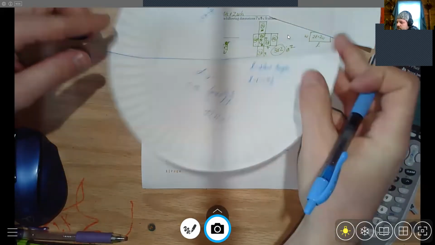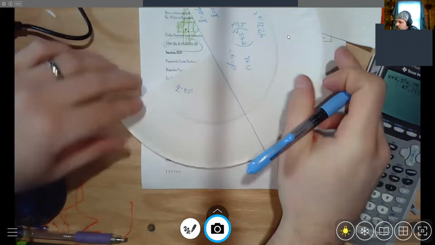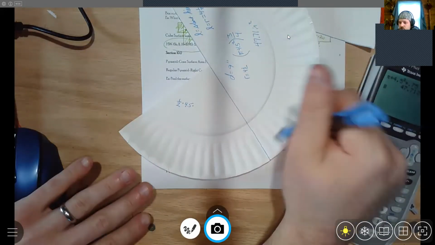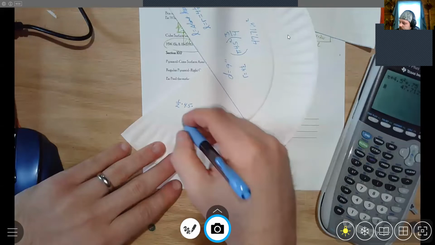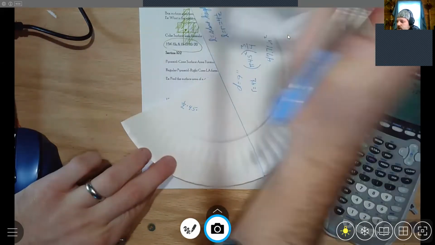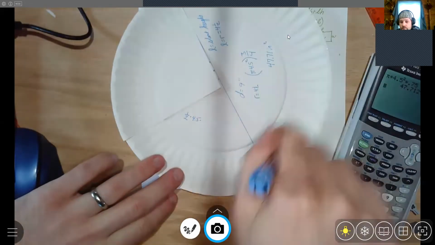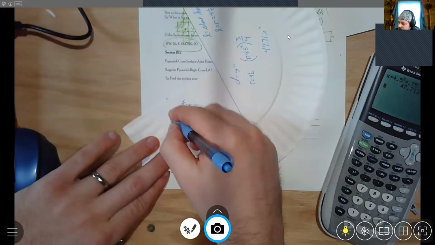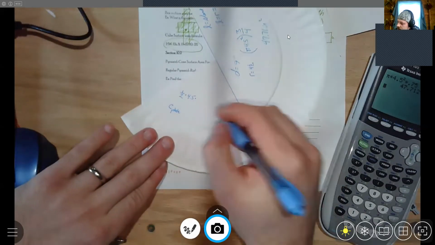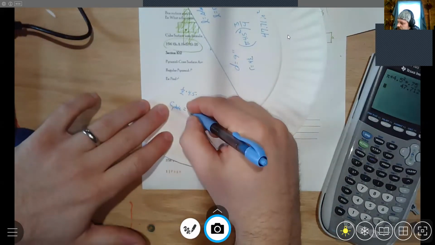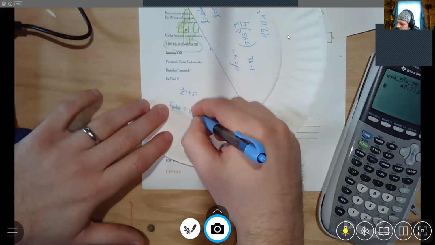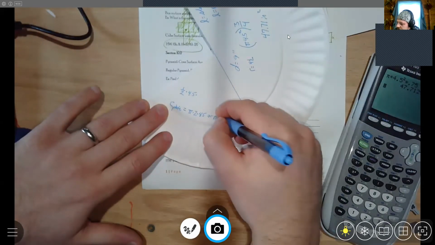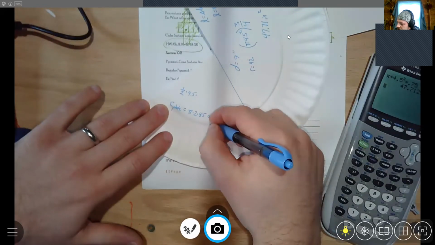Just like we were able to find the area of 3/4 of my plate, I can also find the perimeter of 3/4 of the paper plate the same way. If I said, can you find the perimeter of the paper plate? You'd say, oh, that's easy. The circumference of my plate is pi times 2 times the radius, or pi times diameter, which would be pi times 9, either way.